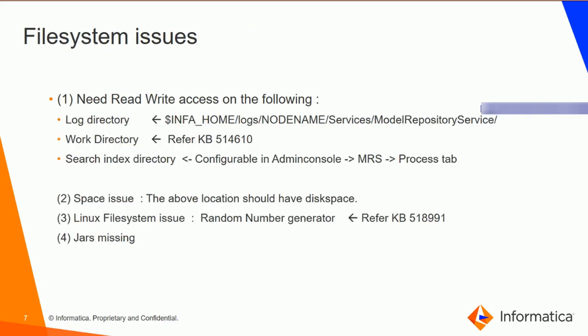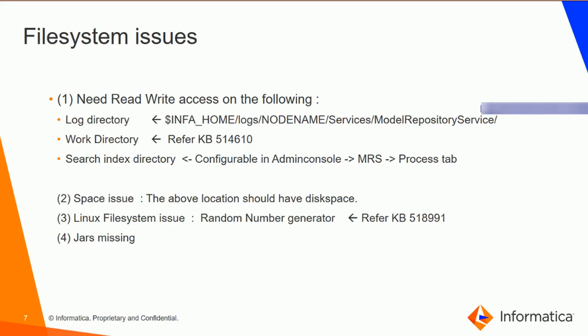Okay, let's go to the file system issues. These are pretty straightforward ones. Say the Informatica Model Repository Service writes into the log directory, the work directory, and the search index directory. For these three directories we need to make sure that we have the permissions configured, else most likely you will end up with a fatal error, not able to access the particular file system.